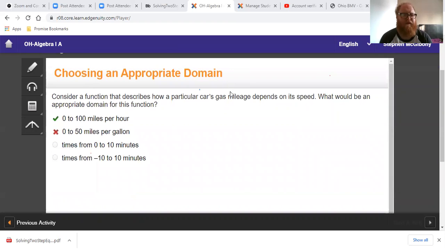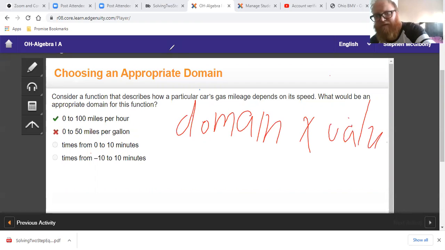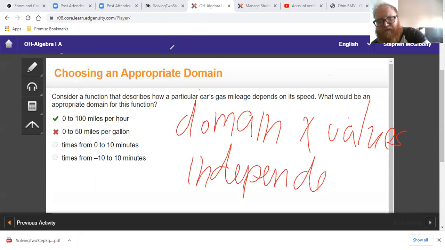All right, consider a function that describes how a particular car's gas mileage depends on its speed. So the gas mileage is the dependent variable, and the independent variable is speed. What is an appropriate domain? Domain is X values, those are the independent values.